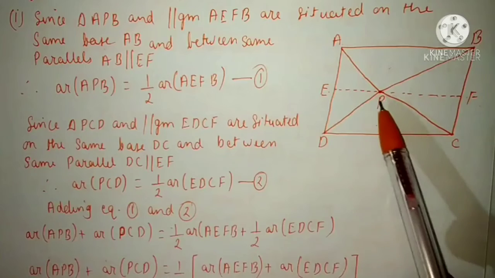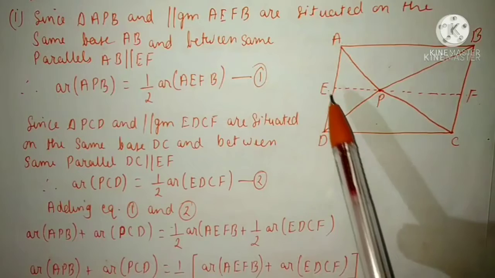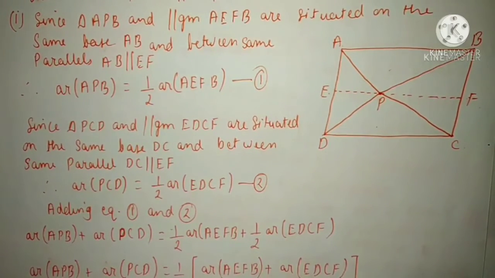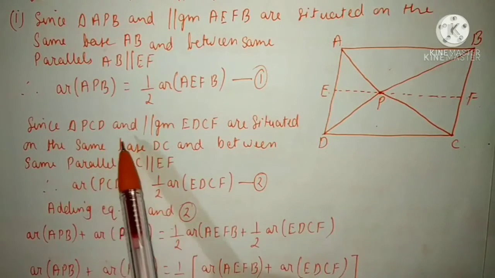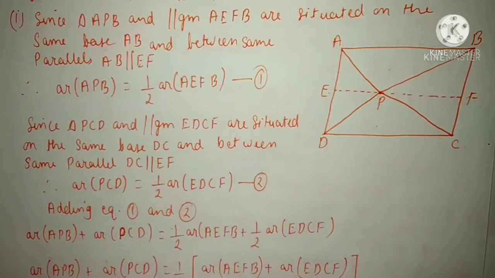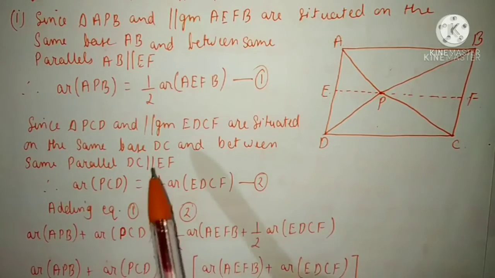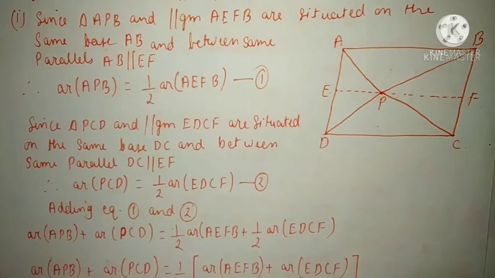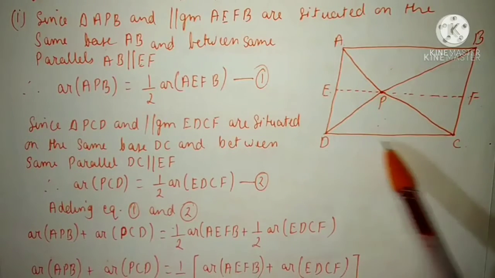Now triangle PCD and parallelogram EDCF also lie on the same base and between the same parallel lines. So we can write, since triangle PCD and parallelogram EDCF are situated on the same base DC and between the same parallels, DC parallel to EF, the area of this triangle will be half of the area of this parallelogram.